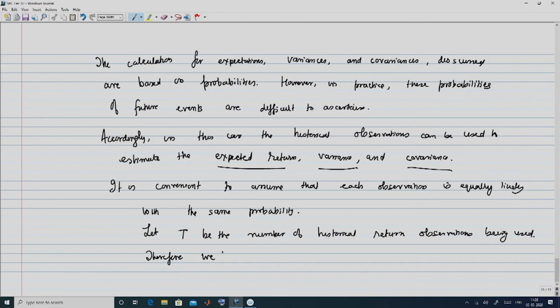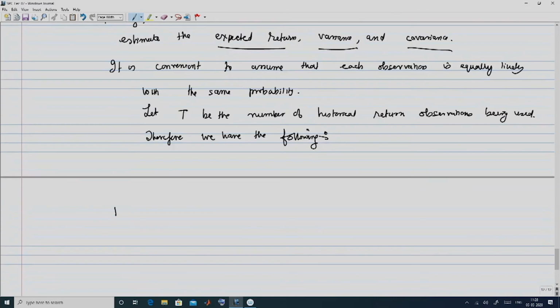So, accordingly, we have the following 3 things, or actually 4 things.